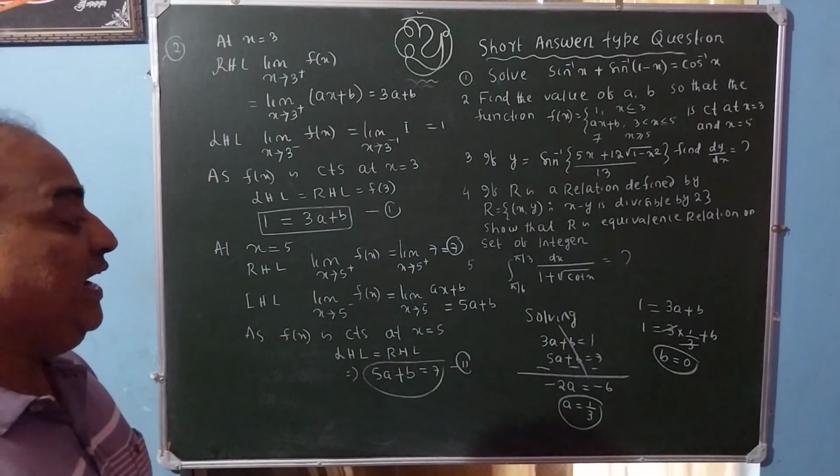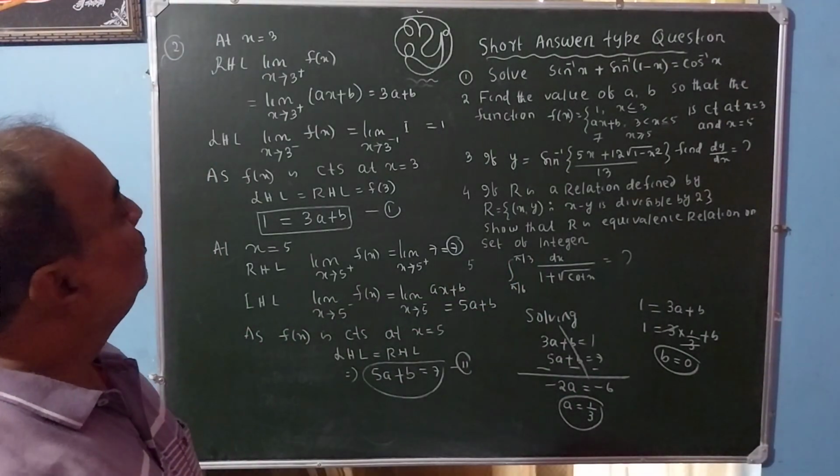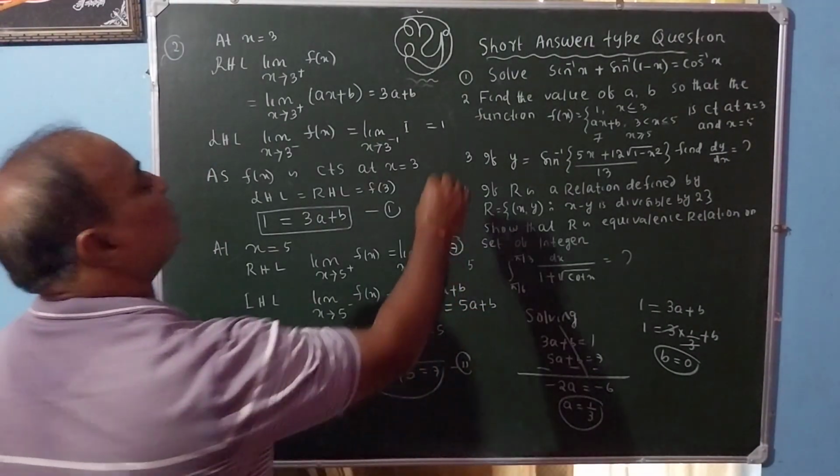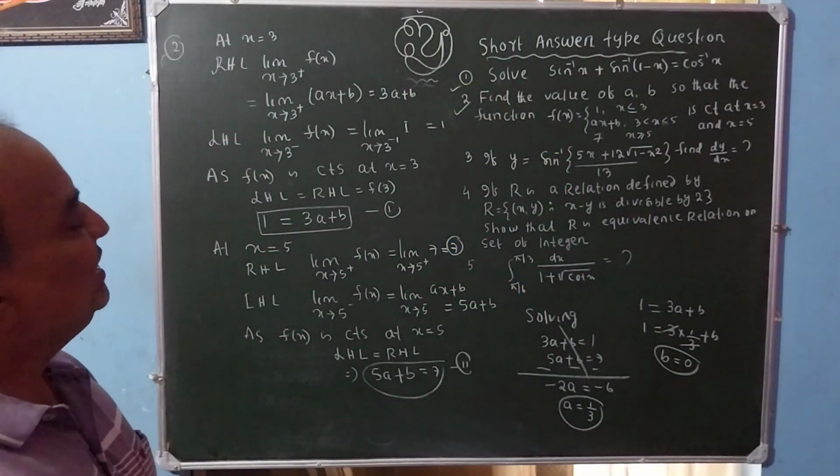So the value of a is 1 by 3 and the value of b is 0. This is the answer of question number 2. Very important so far as your examination is concerned.